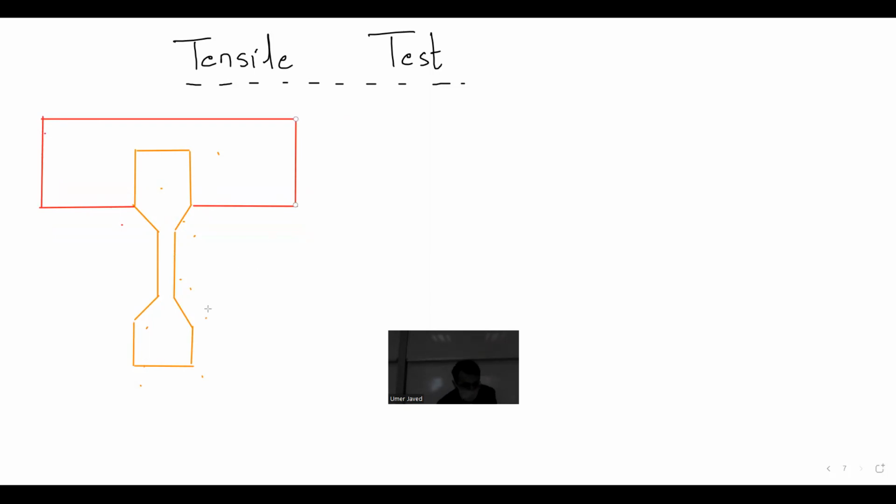What exactly we are trying to do here is measure stresses and strains. This is, let's say, the original length, which is 2 inches.